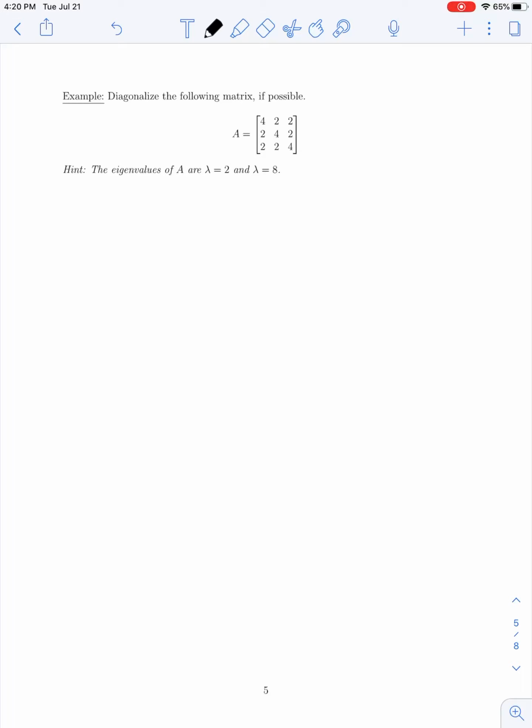So we had looked at some examples where we can use a diagonalization of a matrix to compute large powers of that matrix. And we did one example where we found a diagonalization of a 2x2 matrix. So let's consider some more complex examples now, say diagonalization of a 3x3 matrix.